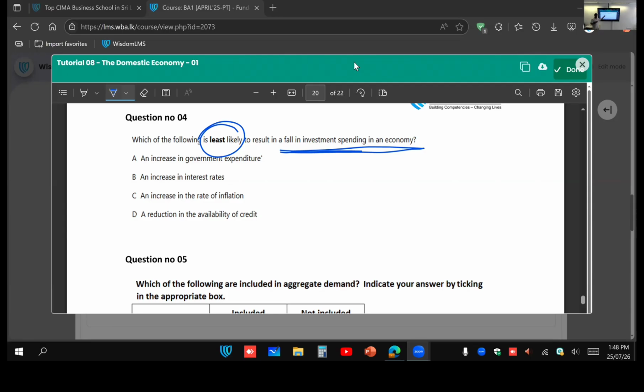An increase in the rate of inflation makes the economic environment uncertain, so there is a reduction in the availability of credit. If you can't go for credit, all the investment spending will be on hold. So those are the explanations for these three. As a result, the answer would be A. Moving to question number 5.